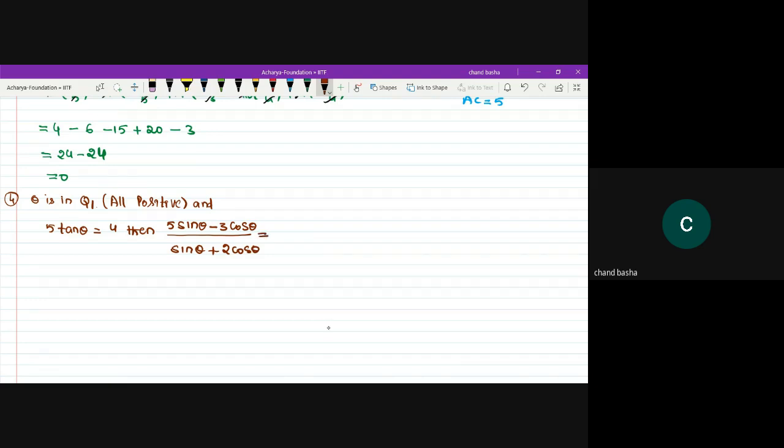What is the value of this expression? The options are also available to you. The first option is 5 divided by 14. The second option is 3 divided by 14. The third option is 1 divided by 14. The fourth option is 0. These are the options he has given.